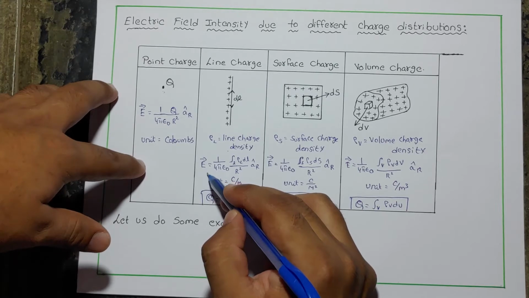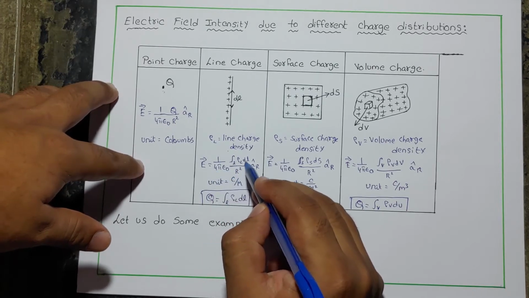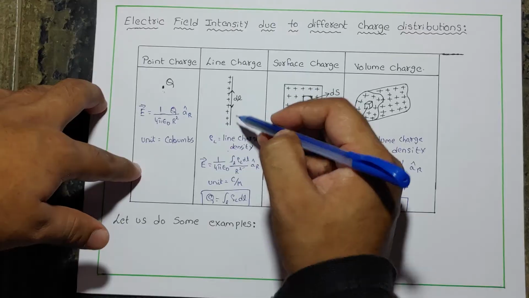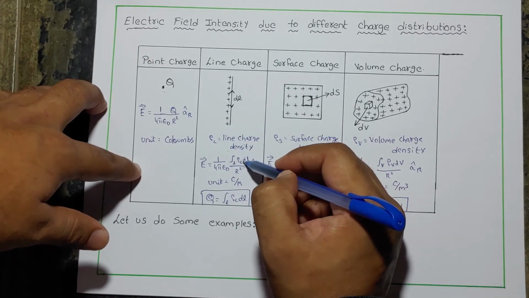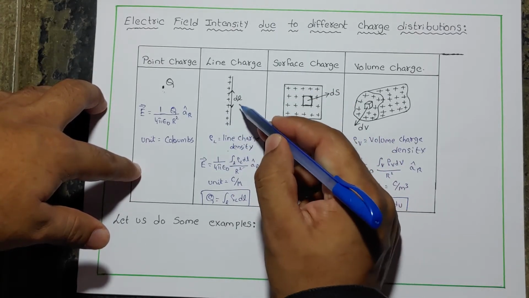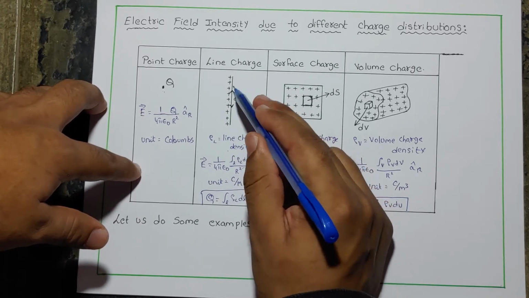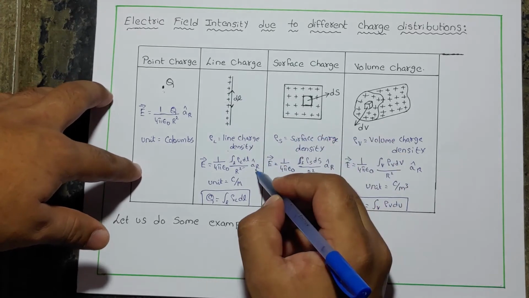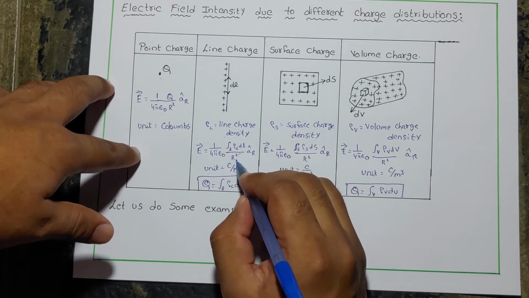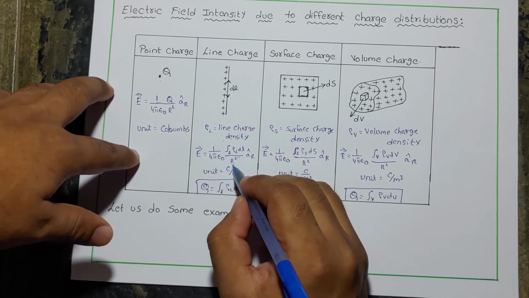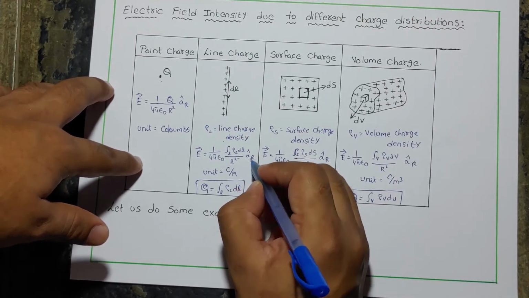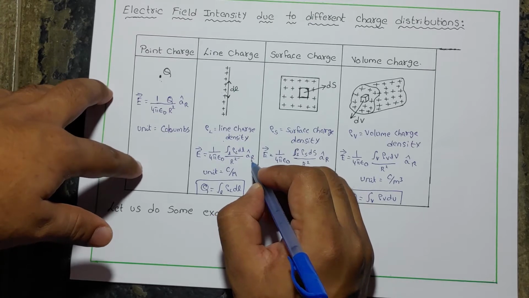Electric field intensity is equal to 1 by 4 pi epsilon naught. Here we have to write the charge, that is line charge density multiplied with differential element and integration of this, which results in total line charge, divided by distance between the charges, into a unit vector.